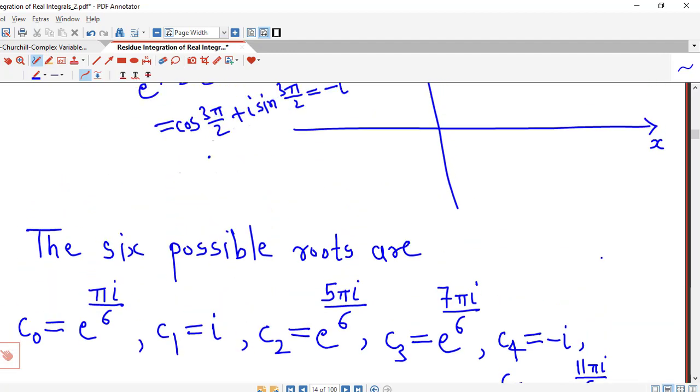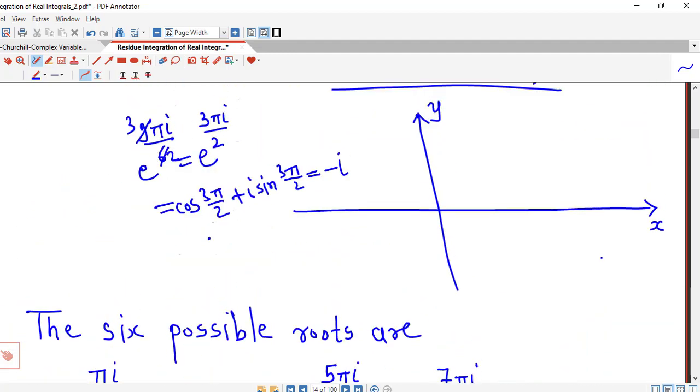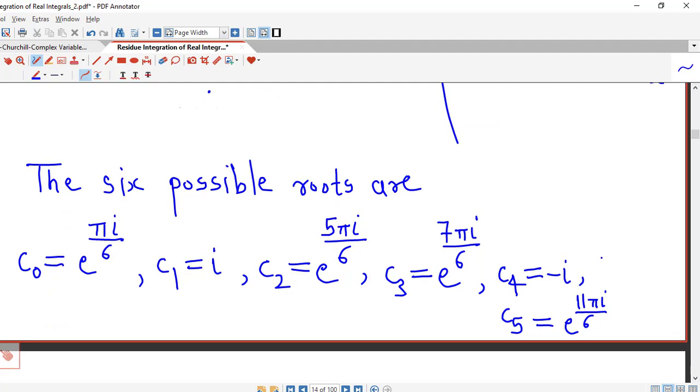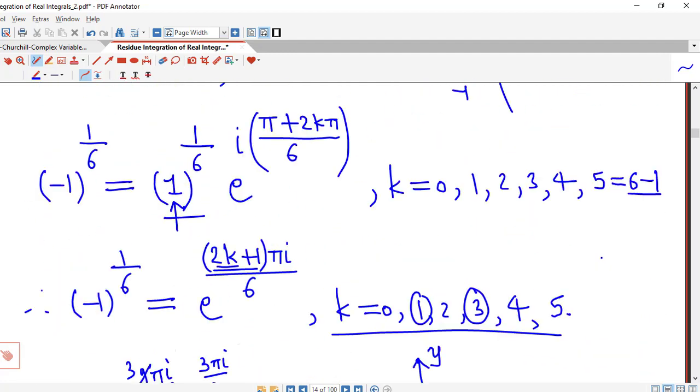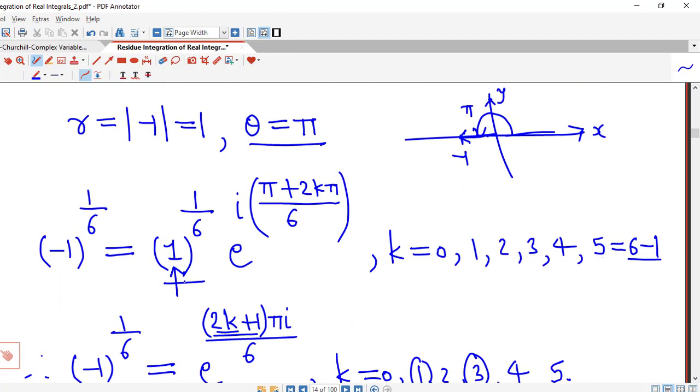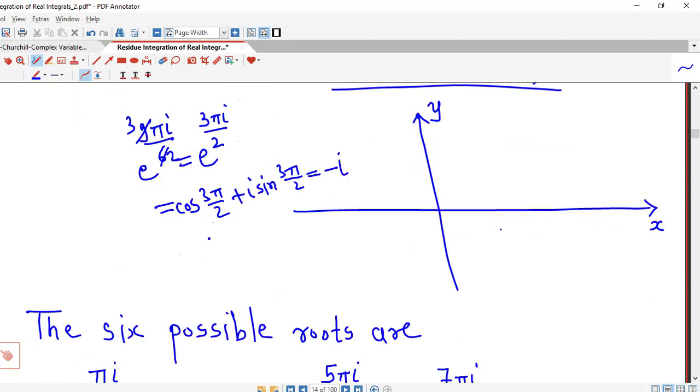Okay, so because here modulus of minus 1 is 1, all these roots are located at a distance 1, or all these roots are on the unit circle. Okay, so all these roots are on the unit circle, and we can represent them. This is just for understanding.